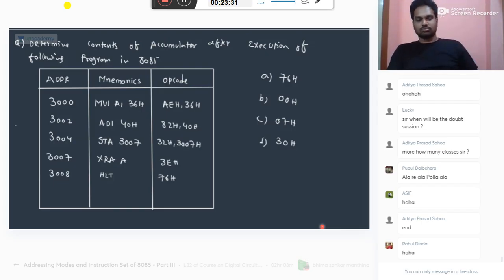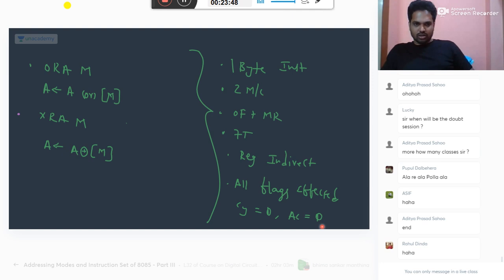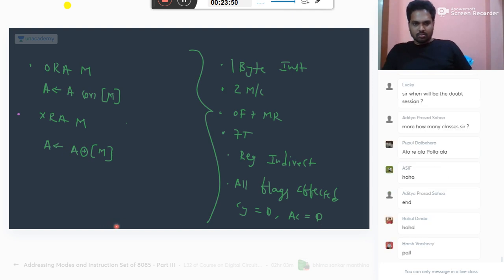This is one of the instructions used to clear the accumulator with fewer T states, because it requires only 4 T states.